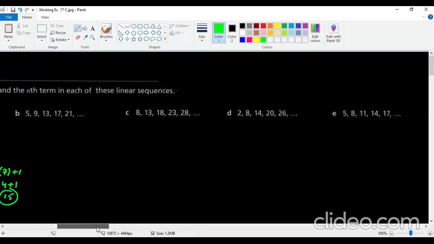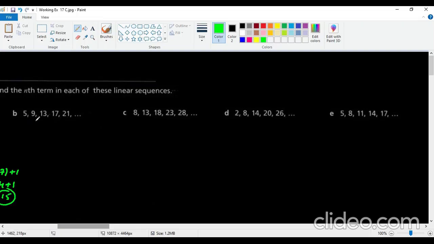Now here it's 5, 9, 13. So the difference you can see is 4. All of them have the same difference, which is 4. Now I know very well it is 4n. And in 4n, what should be added? We should add 1 to make it a 5. So this is the term rule.